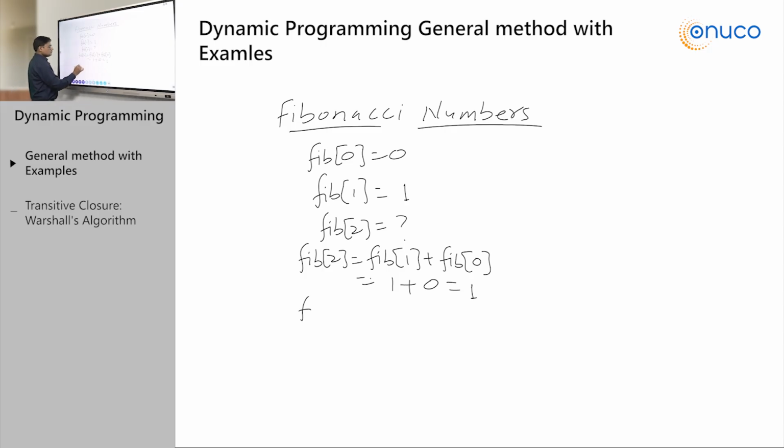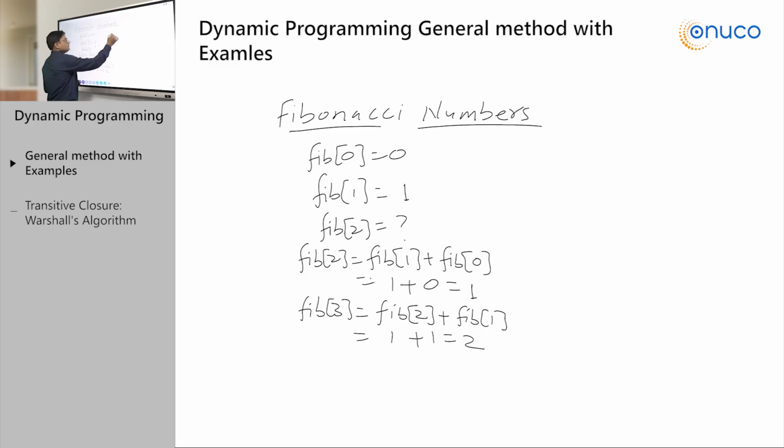Similarly, now someone wants to find Fibonacci of 3. This should be Fibonacci of 3 minus 1, that is 2, plus Fibonacci of 3 minus 2, the previous two. Here Fibonacci of 3 becomes Fibonacci of 2 plus Fibonacci of 1. Fibonacci of 2 we already have as 1, plus Fibonacci of 1 is 1, hence it is 2.